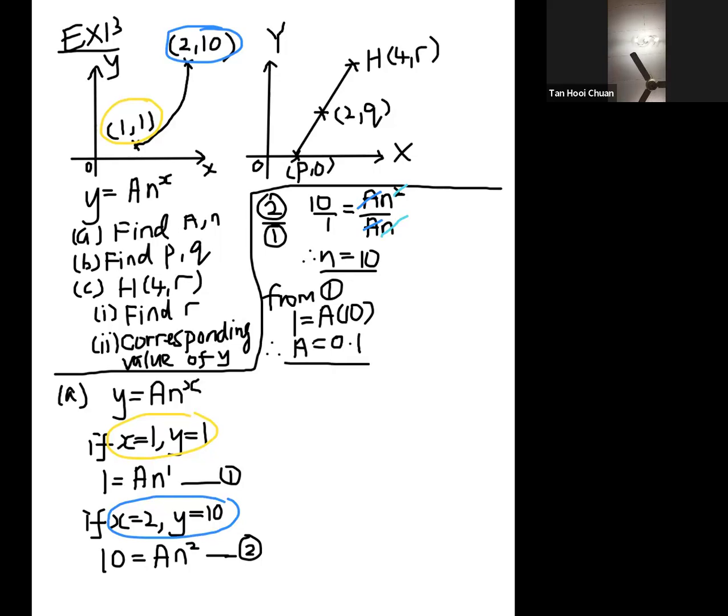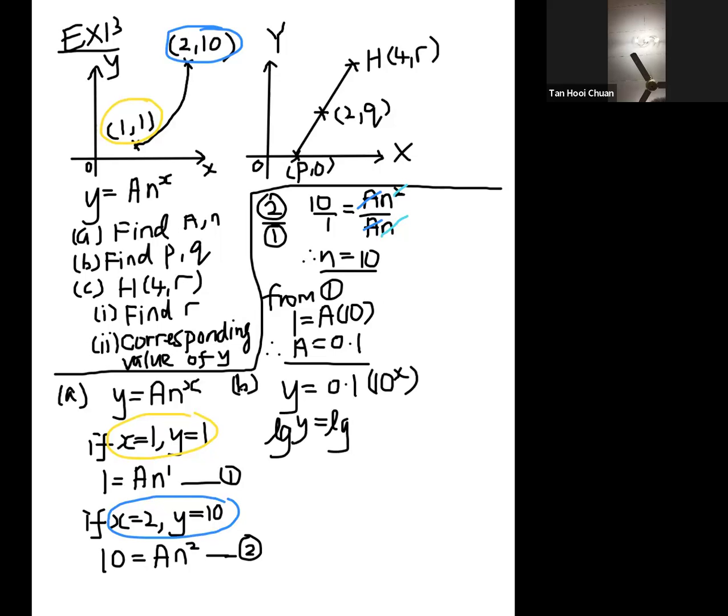Okay, now we go to B now. How to find the P and Q? I think you need to change it into linear form, otherwise you can't get it. So y equal to 0.1 times 10 power x. Okay, so x is the power. Sure, you need to log both sides.